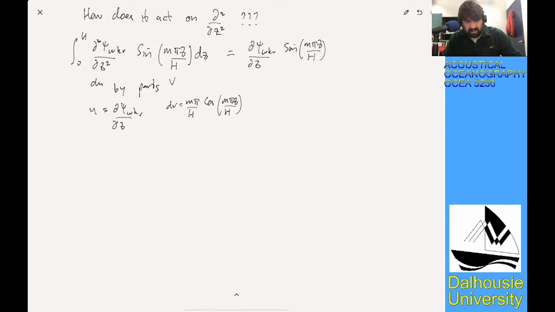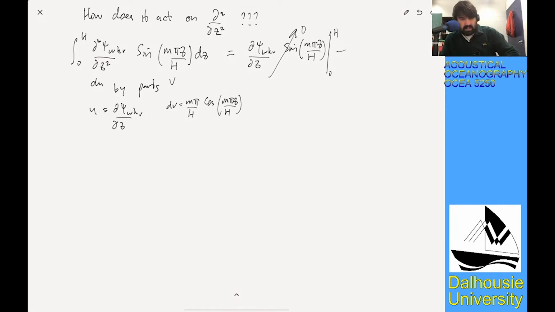And so right away you can see if we evaluate that at 0 and h, that's going to go to 0. Very handy. And then we're going to have minus, and that's actually, we've been neglectful here. Oh, no, we haven't. That's everything, right? Good. Okay. Then we're going to have minus, we had uv, now we're going to have u dv, right?